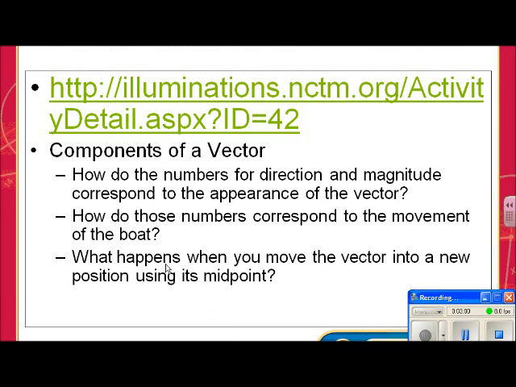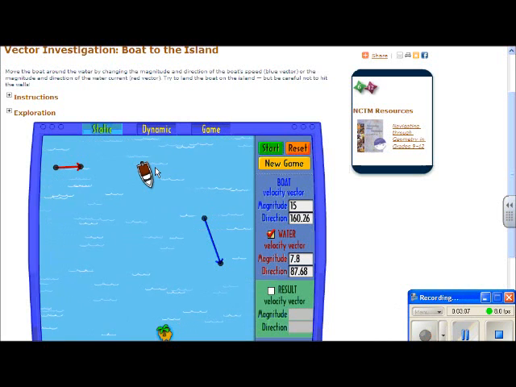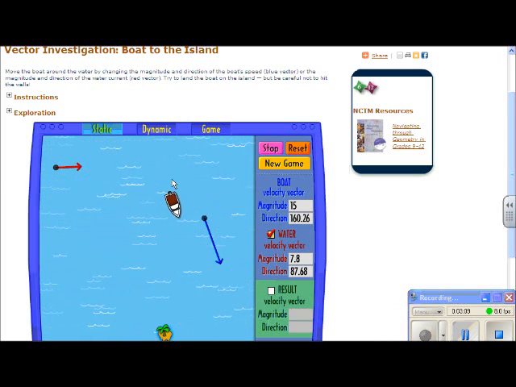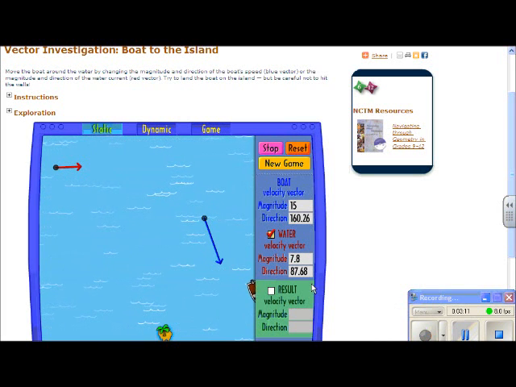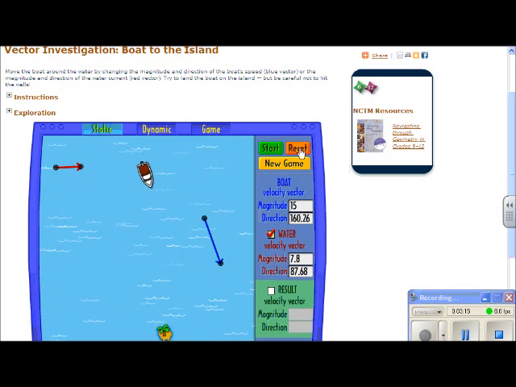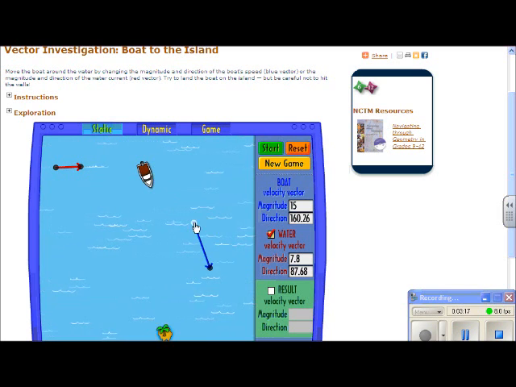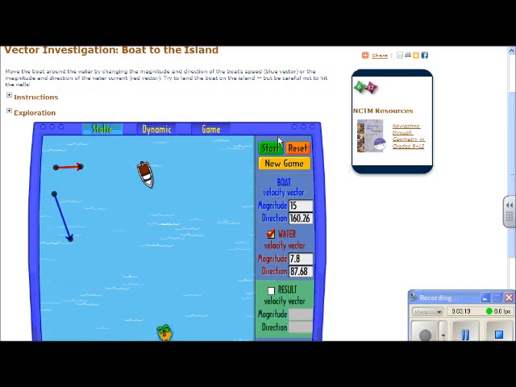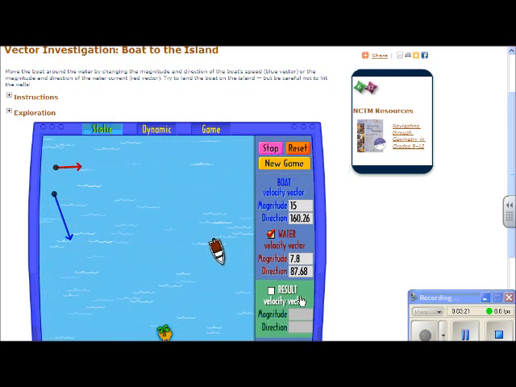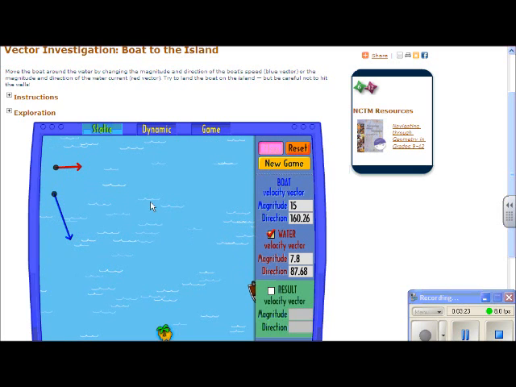The last question asks, what happens when you move the vector into a new position using its midpoint? So I'm going to move the boat. There's my vector causing the boat, and the current's actually pushing the boat. Now I'm going to reset this, and I'm going to move where the vector is. What effect did that have on the movement of the boat? Absolutely nothing.